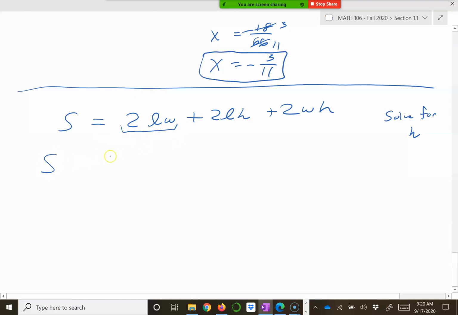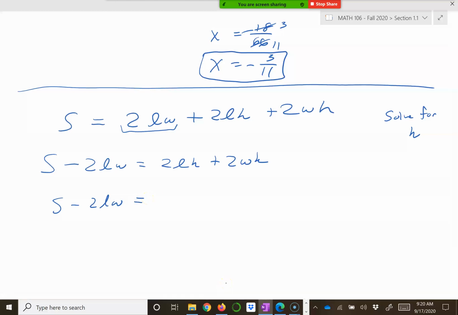So I'm going to subtract that from both sides. So I get S minus 2LW equals 2LH plus 2WH. All right. Now that I have all the H's on one side, I want to factor these two expressions to isolate the H.